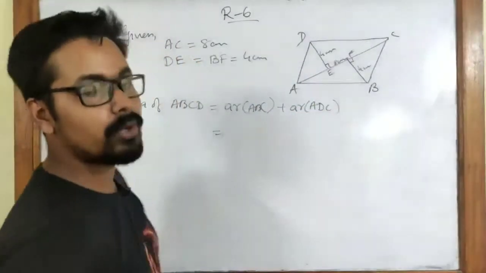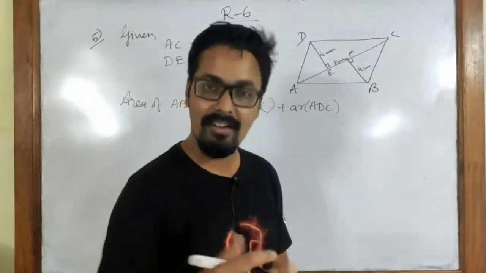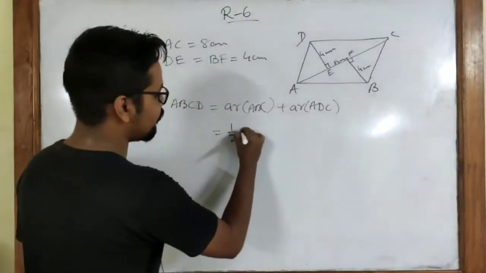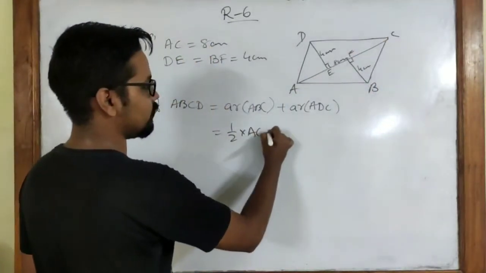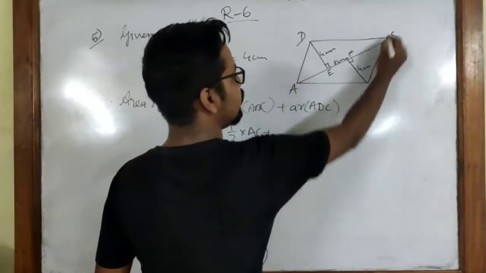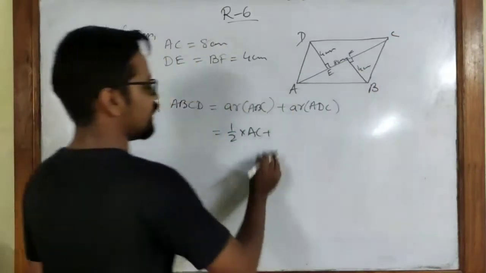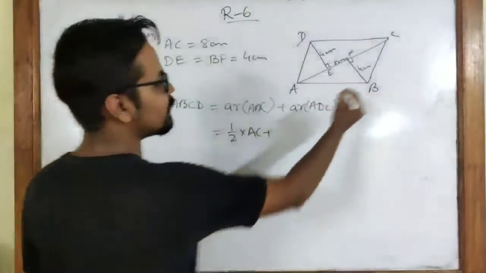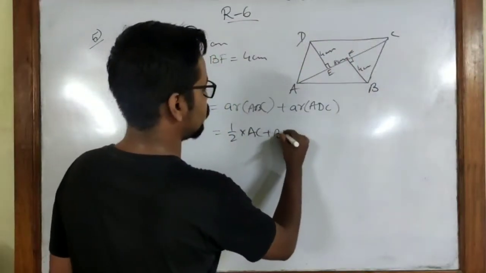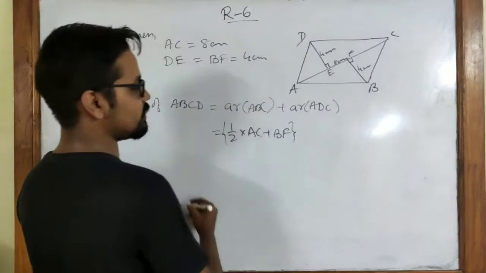So how to find ABC? What is the formula of area of triangle? Half into base into height. So half into base. What is the base of ABC? Base is AC, right? This triangle ABC, the base is AC. And what is the height of the triangle? Height is BF. So we have found the area of ABC.